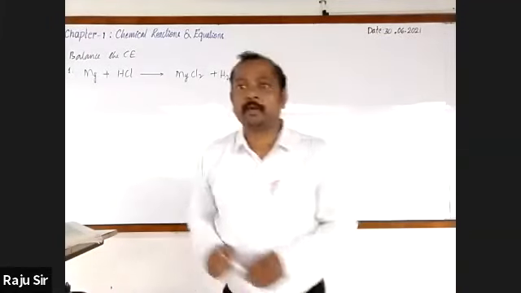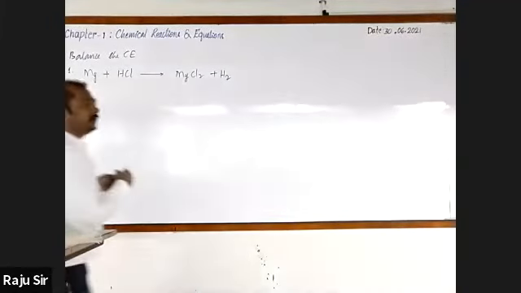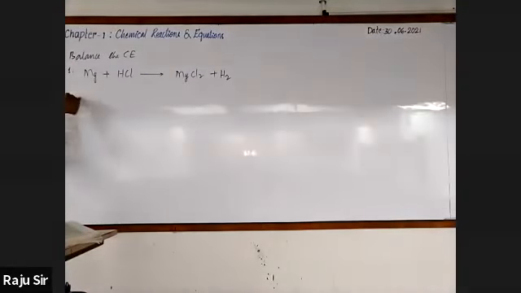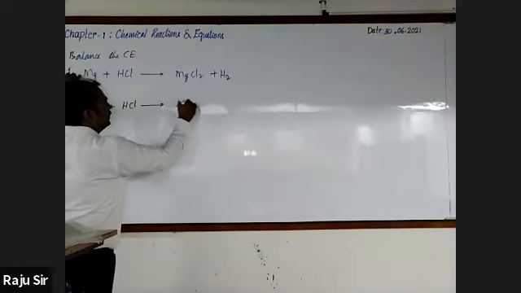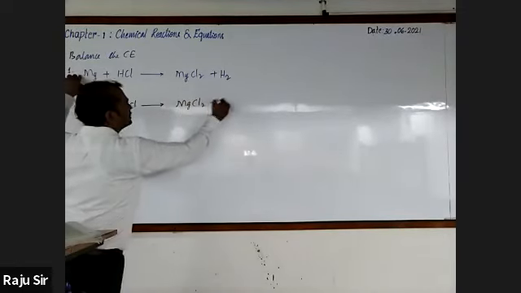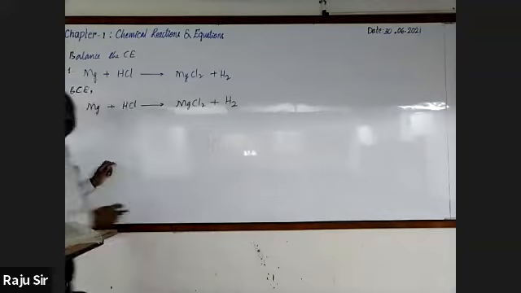Now let's go for balancing it. Directly we should go for balancing. The chemical equation is Mg plus HCl gives rise to MgCl2 plus H2 as it is.